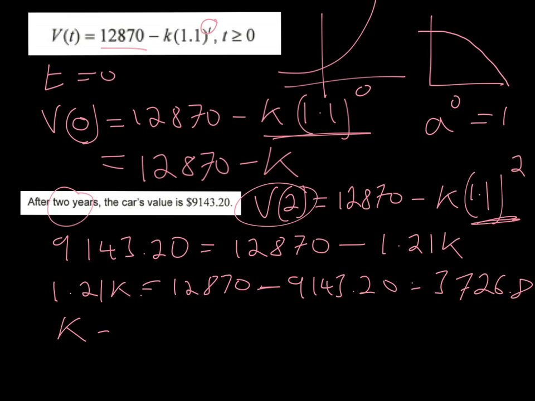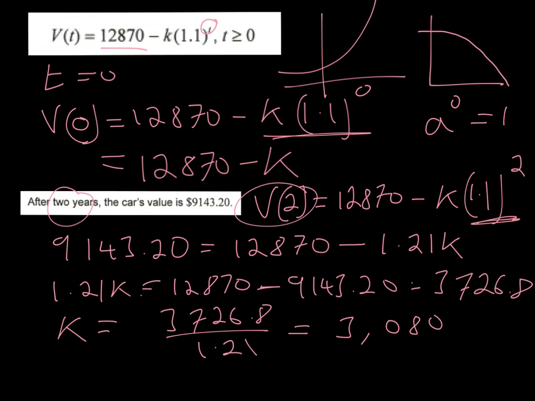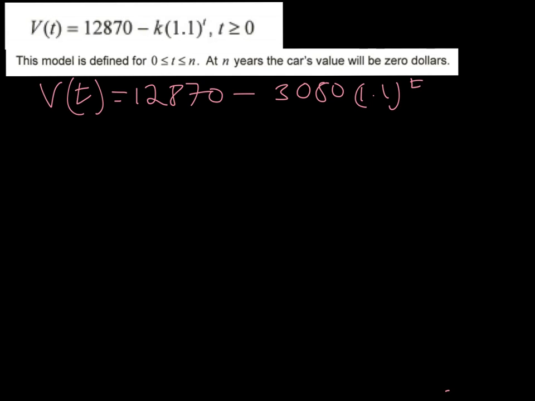Therefore, k is going to equal 3,726.8 divided by 1.21, which gives you your value of 3,080. So from our initial model for the value, we've solved for k, and we've now got this updated version of the exponential function to find the value of this second-hand car.